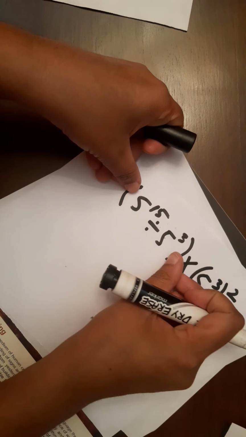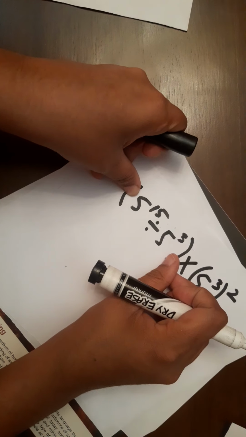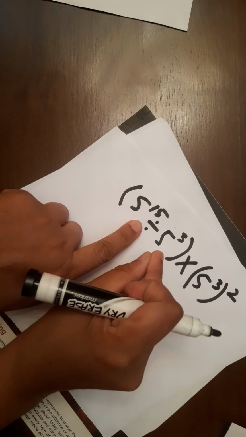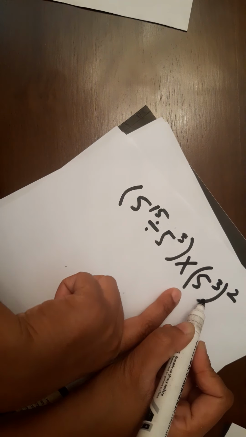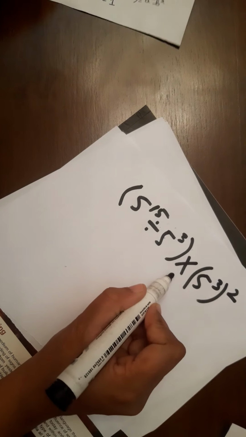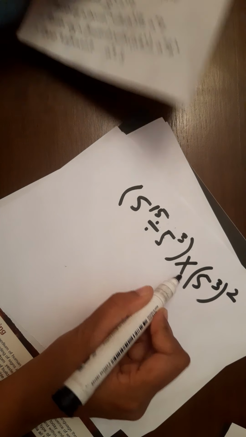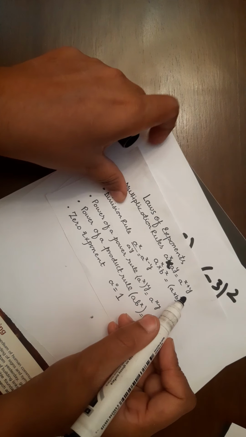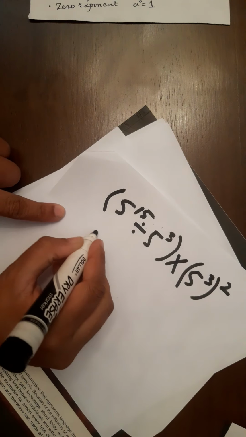So please solve this first with the division rule, and when one answer comes, multiply that answer with this one. So which rule will apply? Multiply sign is here, multiply sign is here. You will apply the multiplication rule. How?